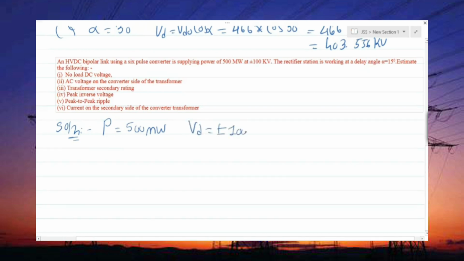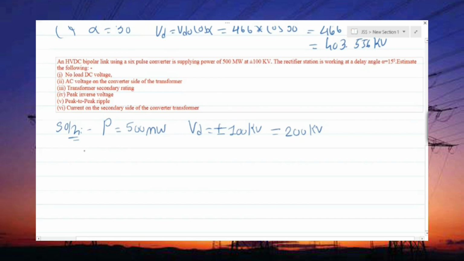Whenever the plus or minus sign is there, that means it is a bipolar link, so it is equivalent to 200 kV. Remember this, it is a very important thing. So from minus 100 to plus 100, it is a total of 200 kV DC voltage.